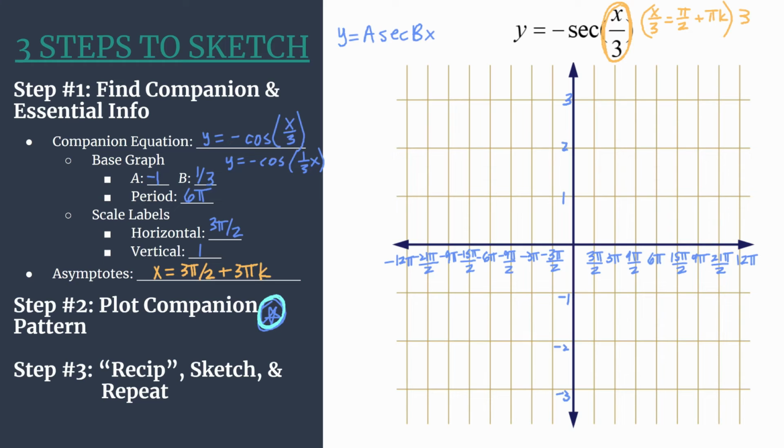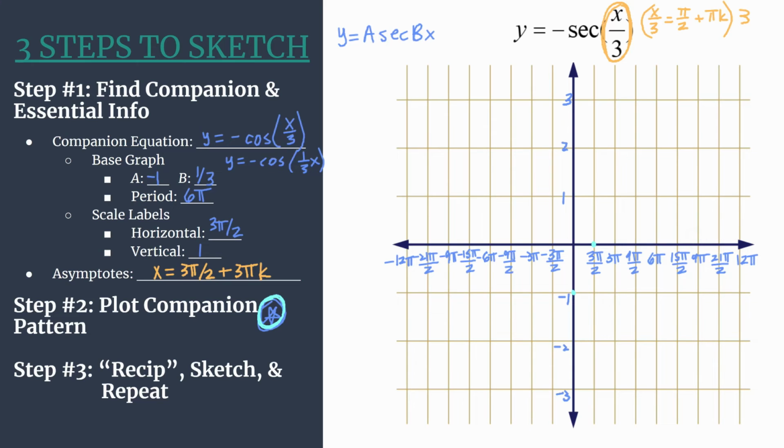Again, plot lightly. Our first point should fall on the y-axis, and you get the y-coordinate simply by looking at the value of a. So our minimum for our companion equation, our cosine equation, happens at 0, -1. Then we have an x-intercept that happens at our first horizontal tick mark, moving to the right.